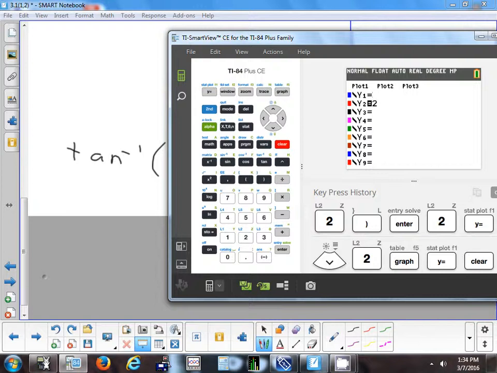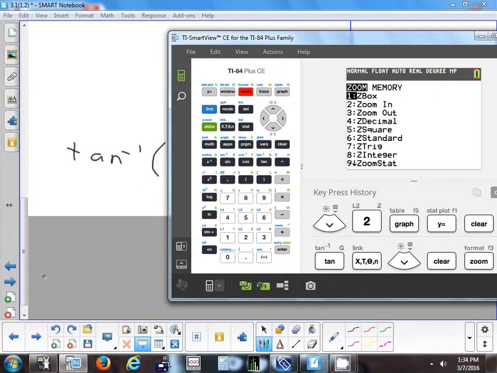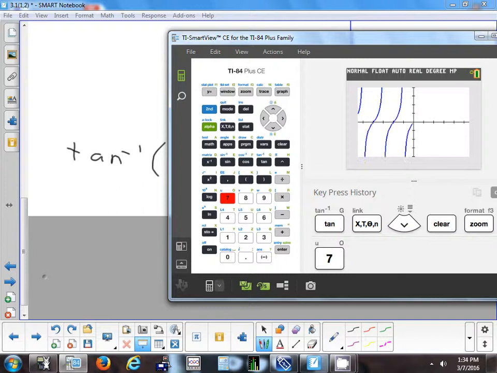Anybody seen the graph of tangent before? There's a pattern to it, but it's not a connected wave. We get these kind of curves, and there's a lot of them. So just focus on the middle one. Ignore all the others.